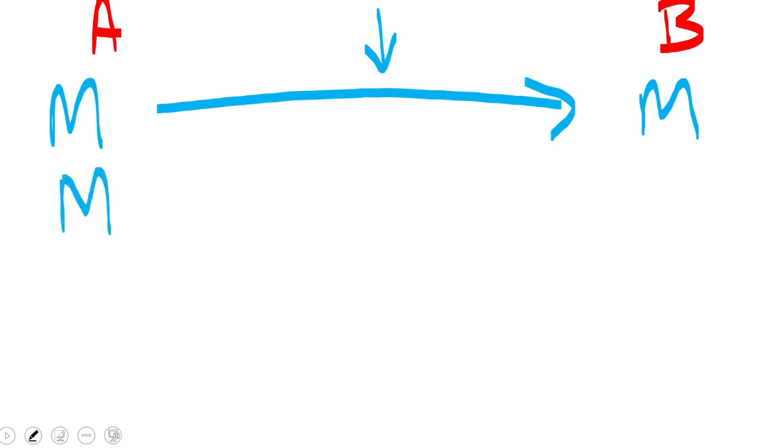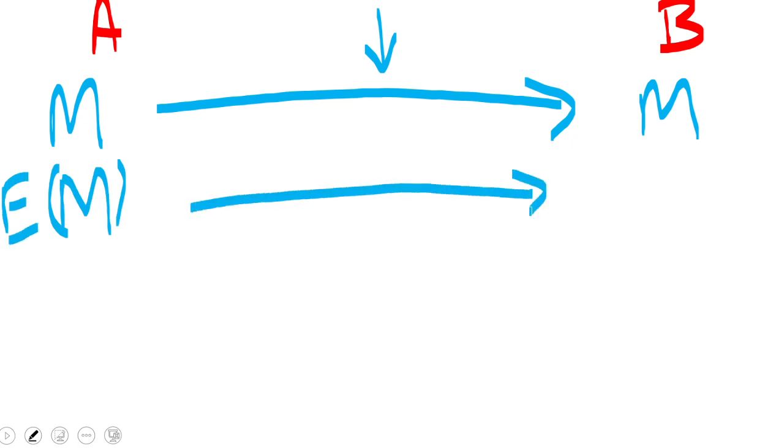If we have the message and encrypt it and send, here they can decrypt and get the message again. So that is the encryption approach.